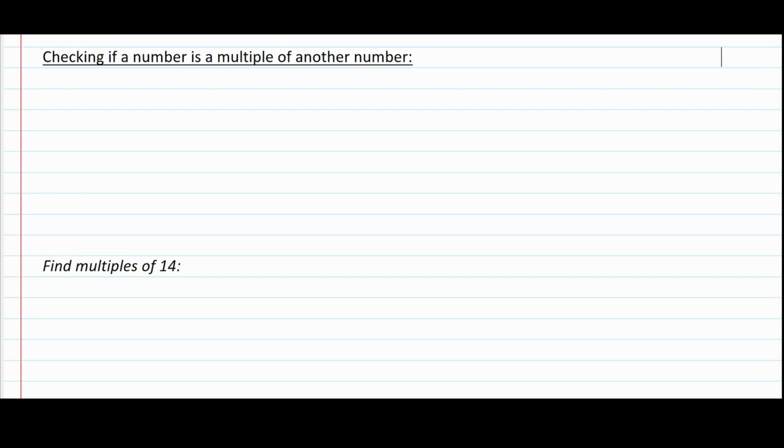So again, the only way of checking if a number is a multiple of another number is by dividing. That's the only way. For example, if I'm given a random number, 1025, and I'm asked if it is a multiple of 5, we can tell it will be a multiple of 5 simply because it ends with a 5.